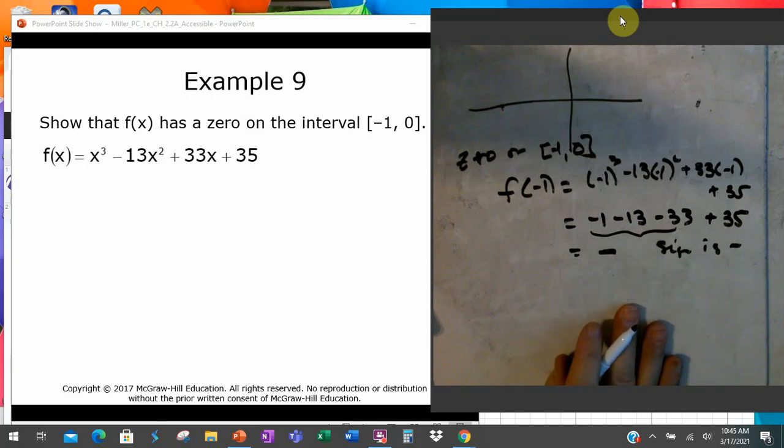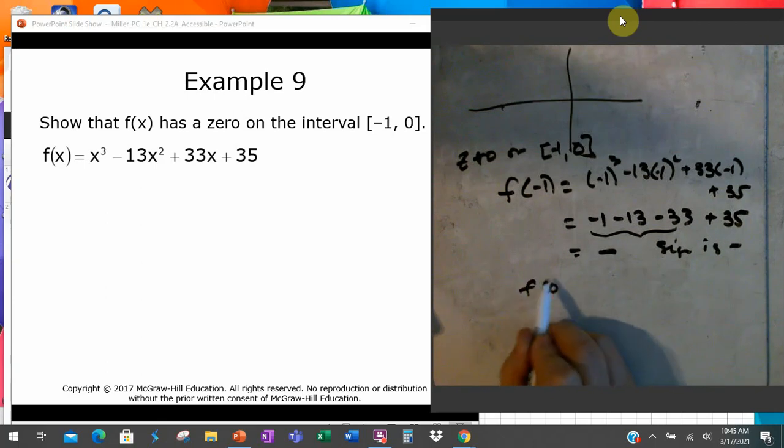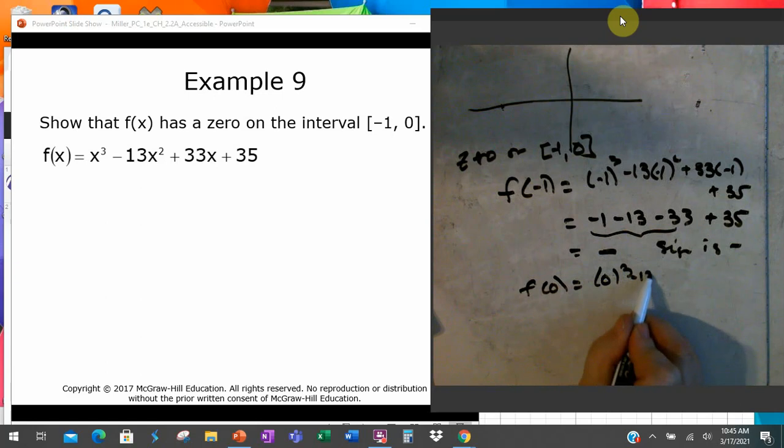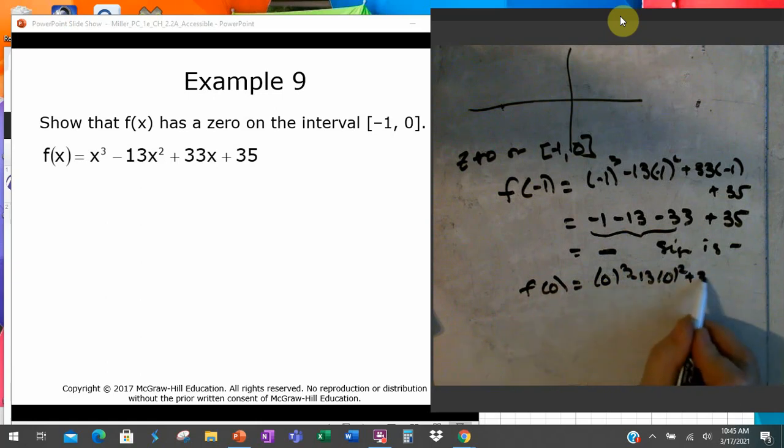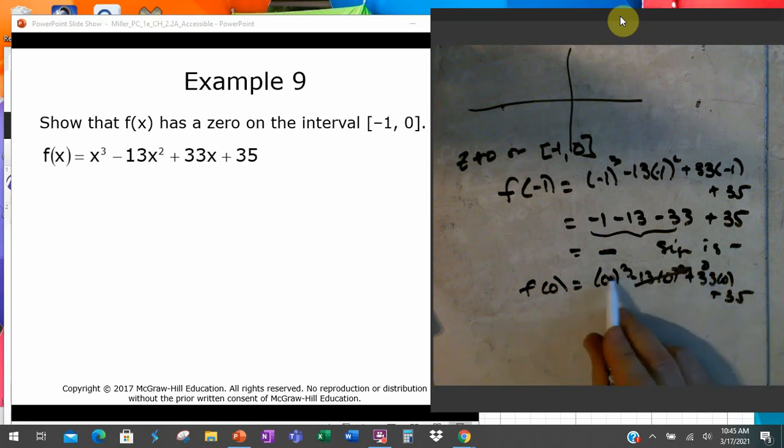Okay. And what about f of 0? 0 cubed minus 13 times 0 squared, plus 33 times 0 plus 35. All of these are 0, and the sign on this is just positive.